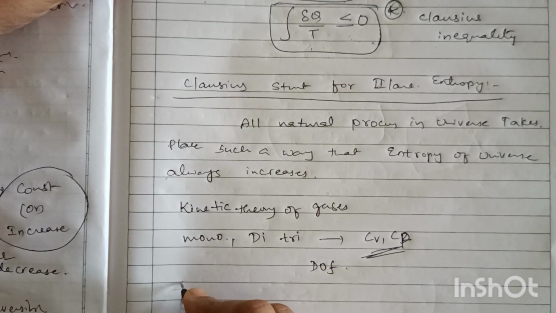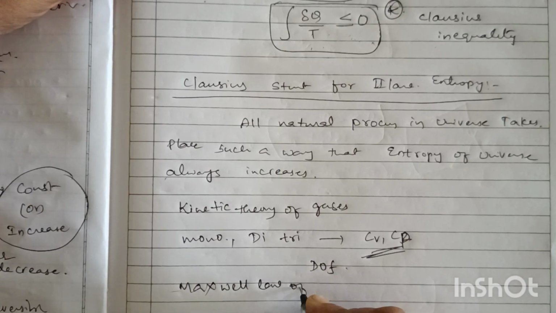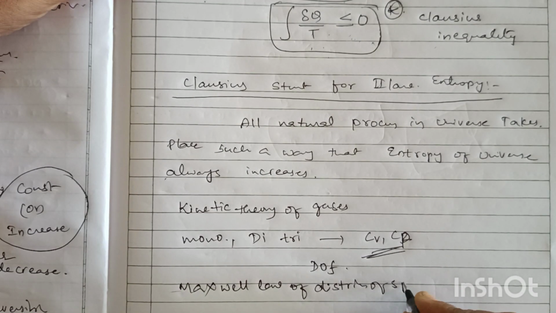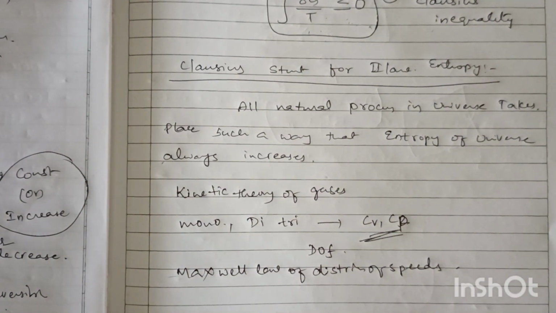Okay, next very important one, Maxwell law of distribution of speeds. And next, thermodynamic Maxwell's equations, very important. Next class is very important; definitely we will get 1, 2, 3 questions from those topics. Okay, thank you.